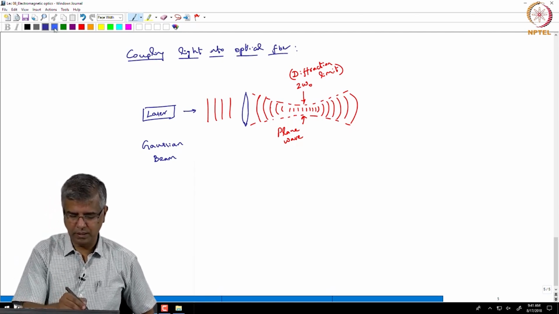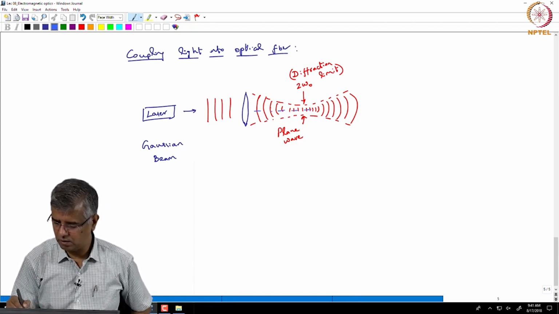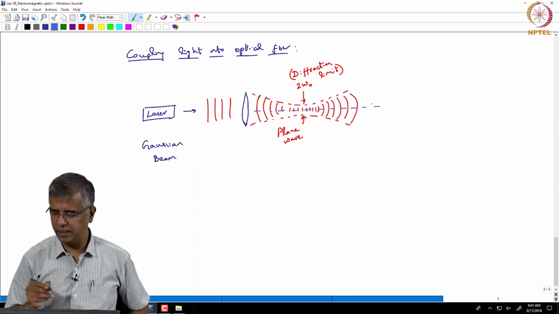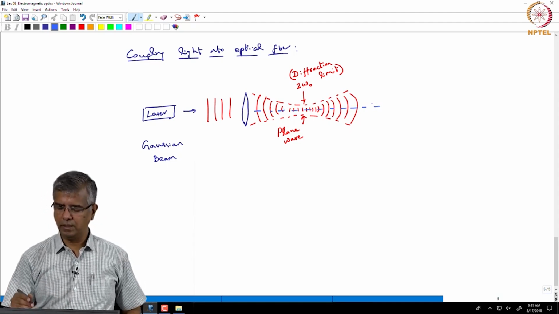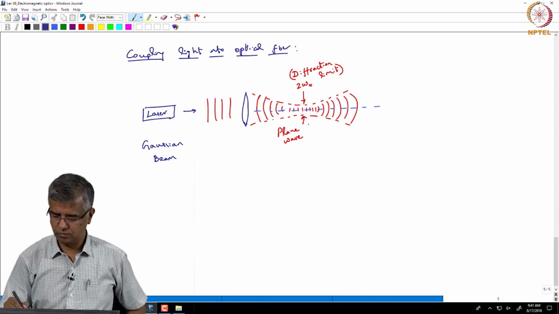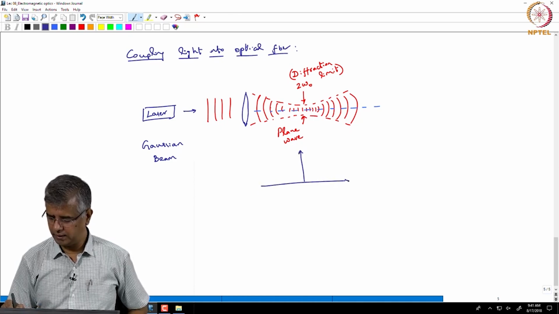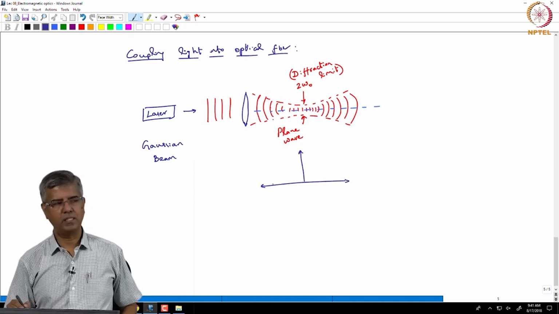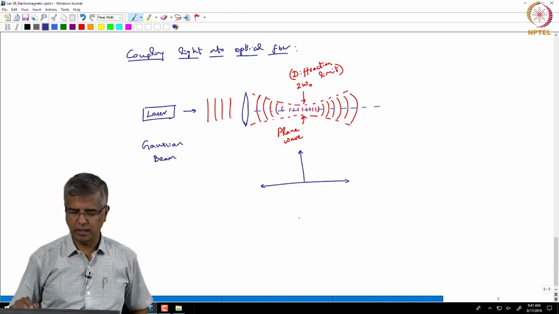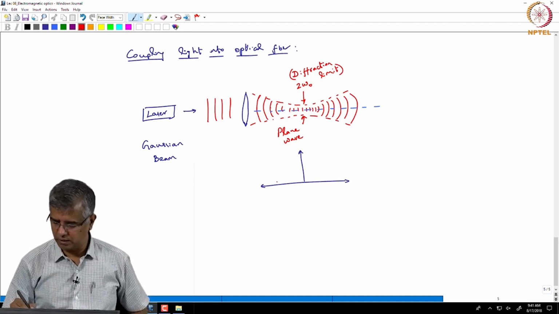Let's define this optical axis, and if we look at this at the focal point, at the intensity pattern that you get, we clearly said that has got to be Gaussian in shape.